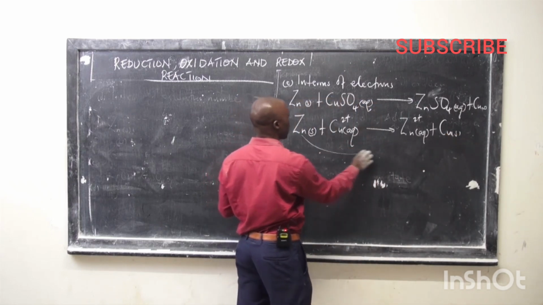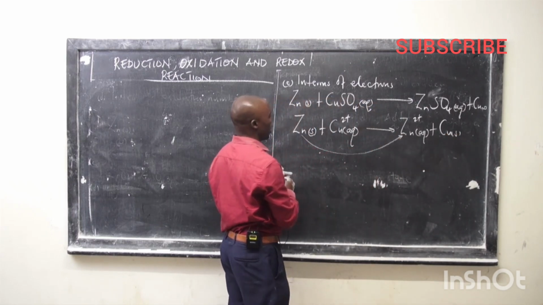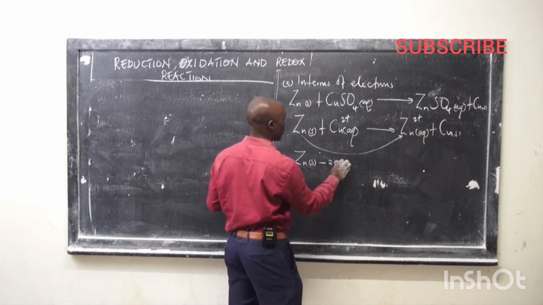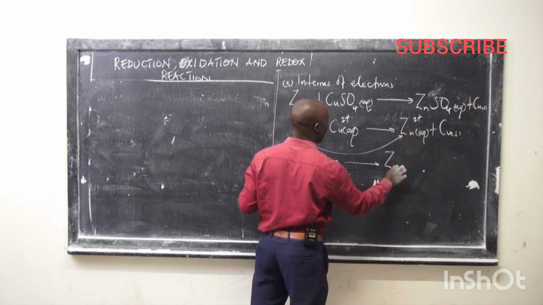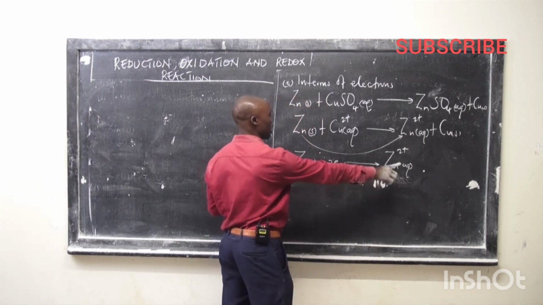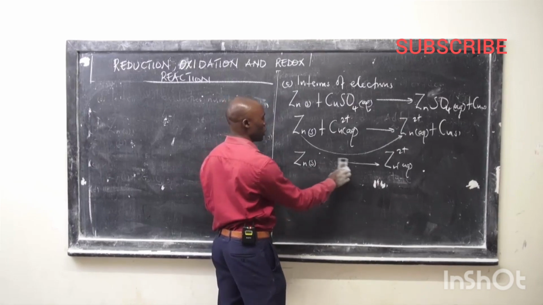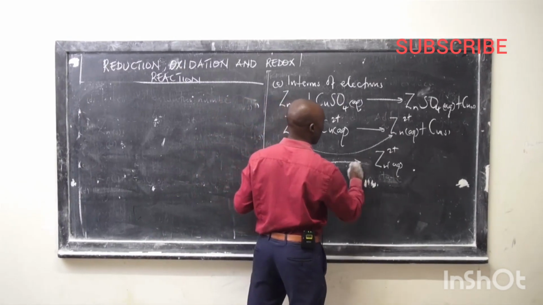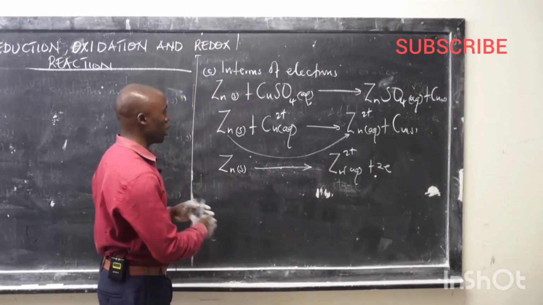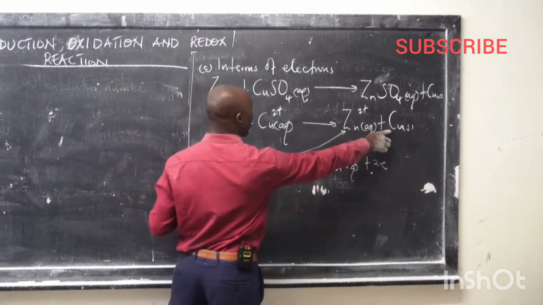If we consider zinc here, zinc would be written like this, minus 2 electrons to form an ion. We have to have lost electrons. So mathematically we take the electrons to the other side, so it appears this way. Because science is beautiful, this looks more beautiful. So we have copper(II) ions.